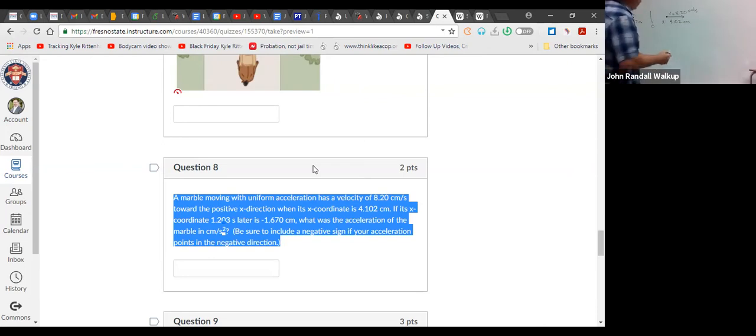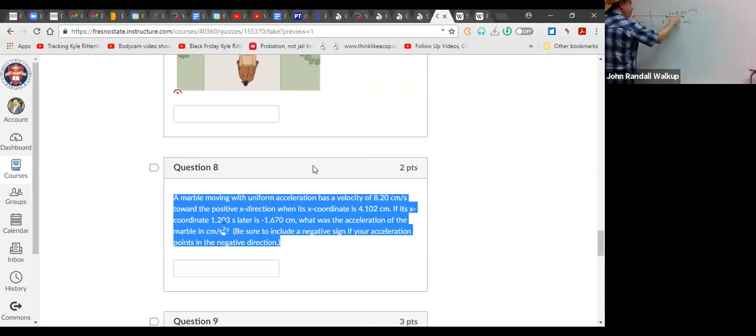What was the acceleration? Okay, so the question now becomes, well, let's find the displacement vector. What is the displacement vector? It points from its starting position here to this position here. What is this distance?